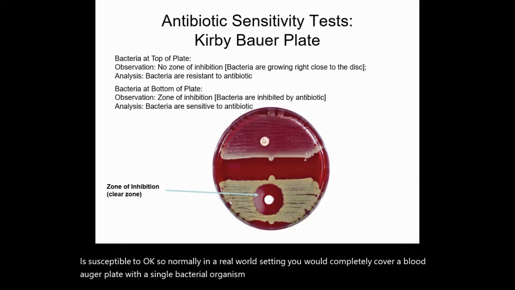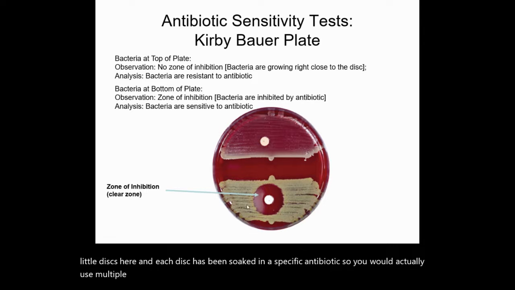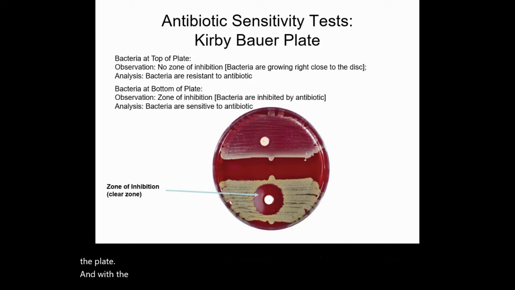Then you add these little discs, and each disc has been soaked in a specific antibiotic. You would use multiple discs, each one soaked in a different antibiotic, so that you could then incubate the plate, and within 24 hours, you would know which antimicrobial is going to be an effective choice for your patient.